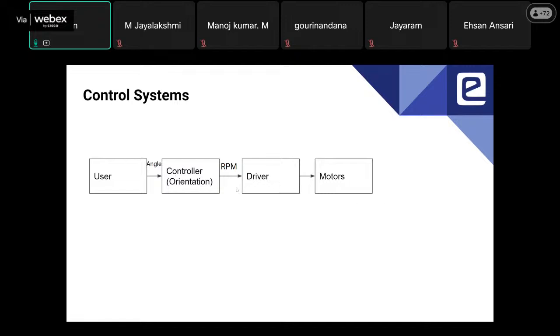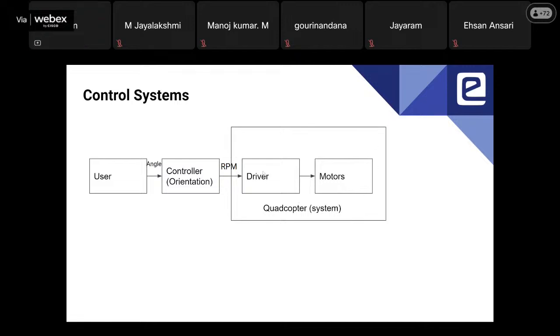So this is the basic control system concept where we get our feedback from the system. I can classify this driver and motor together as a quadcopter. So this driver and motor together form the quadcopter system in this case.